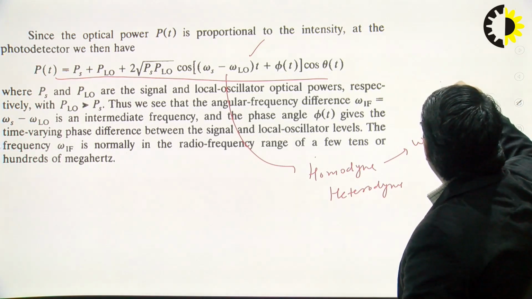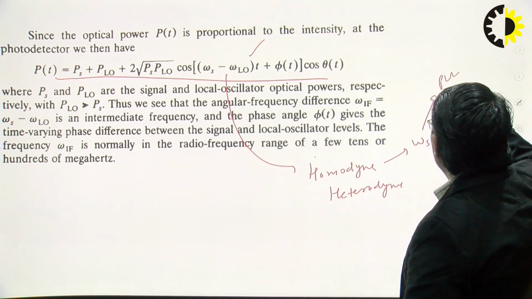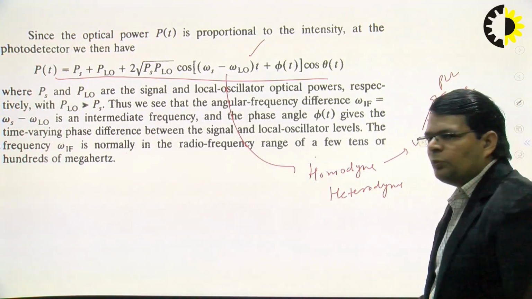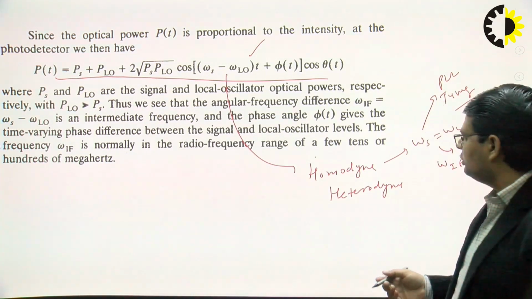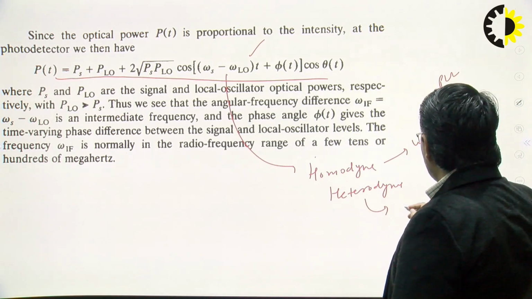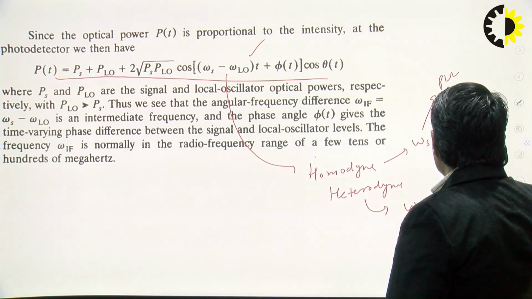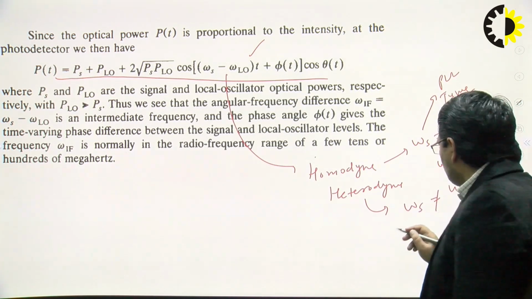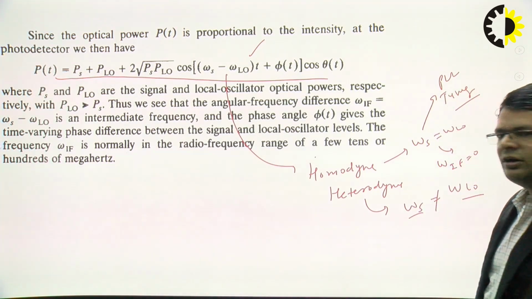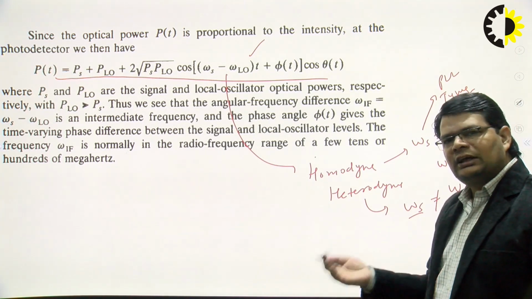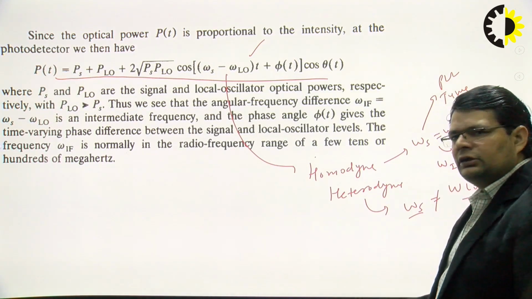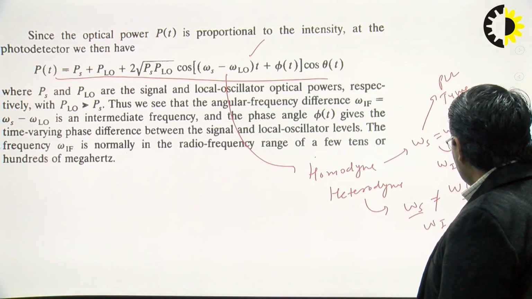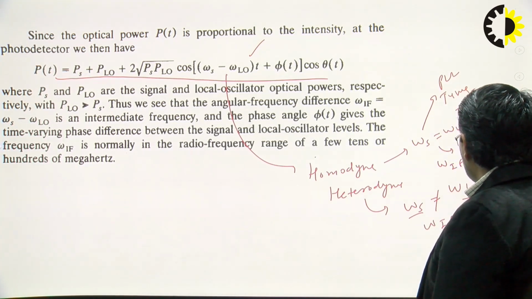For that we will require a PLL circuit or tuning circuit, but overall performance will improve. In the case of heterodyne, we have Ws not equal to WLO. Both may be unmatched, matching is not required. So any optical source can be used along with the fiber as the local oscillator. In this case the intermediate frequency is non-zero.